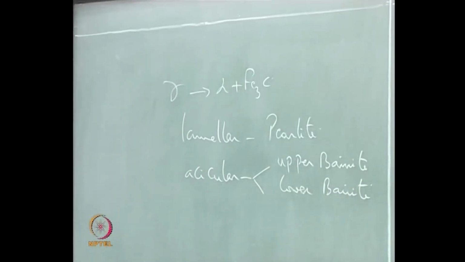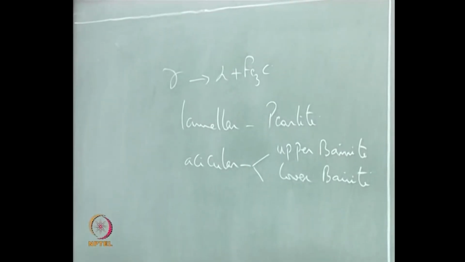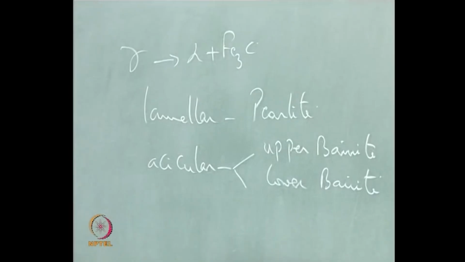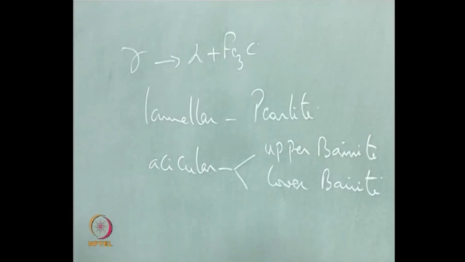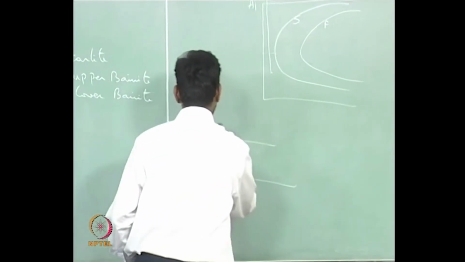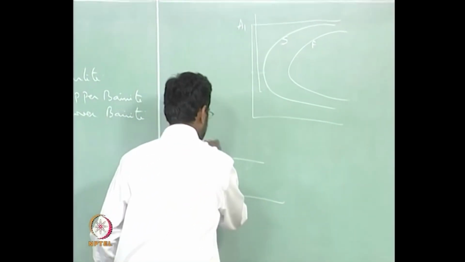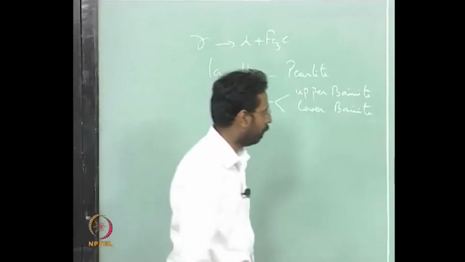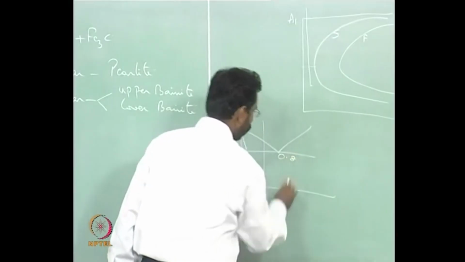Okay. In fact, if you take some hypoeutectoid steels, it is possible that if your undercooling is high, then you may not even get, let us say, the proeutectoid phase. We all know that if I take a steel with, let us say, a composition like this, this is 0.8, our eutectoid composition.